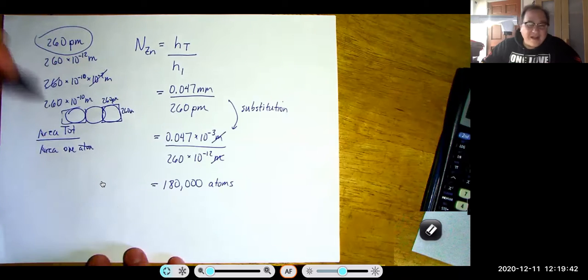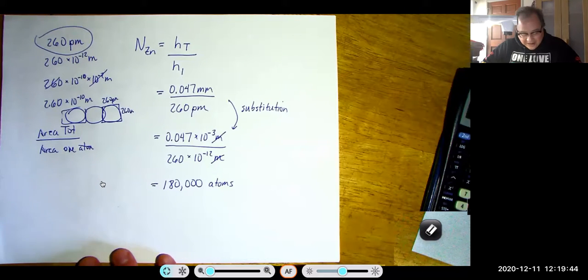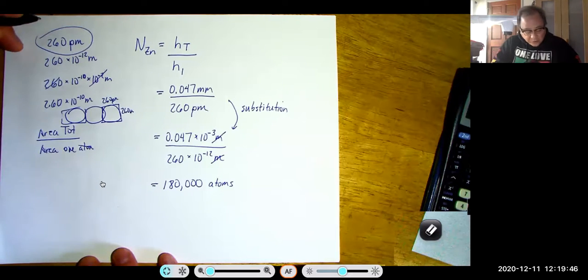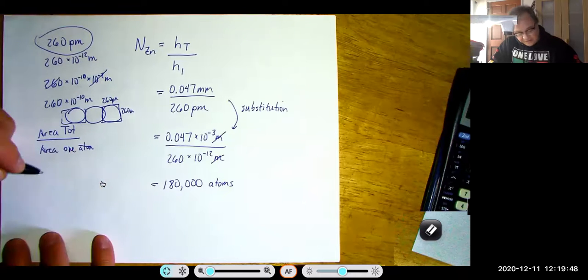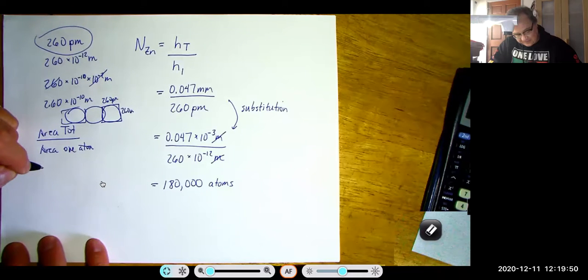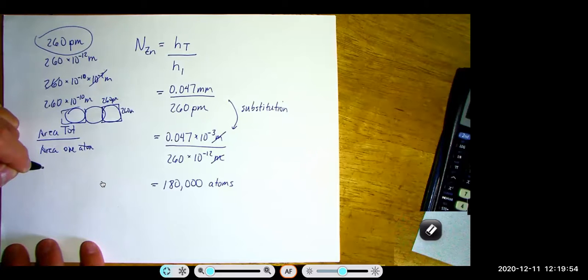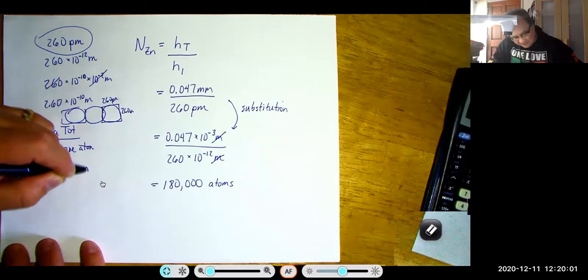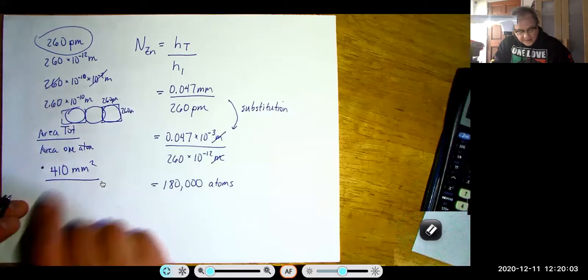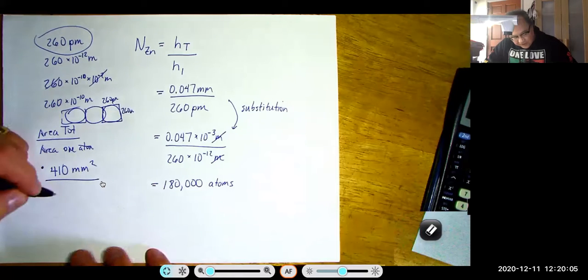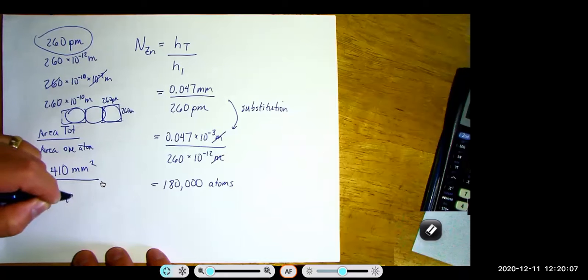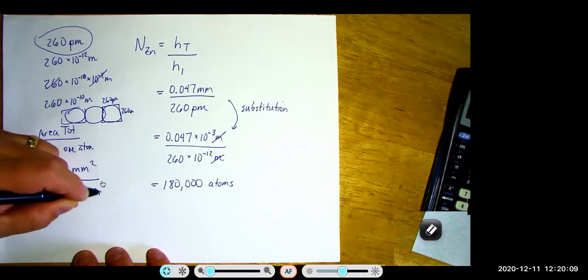So you could find out how many stacks there are also, and you're going to find out there are a lot of stacks. What did you get for the area total, by the way? So I ended up getting about 410 millimeters square. That's about right. Okay. And for the area of one atom, you'd have 260 picometers times 260 picometers.